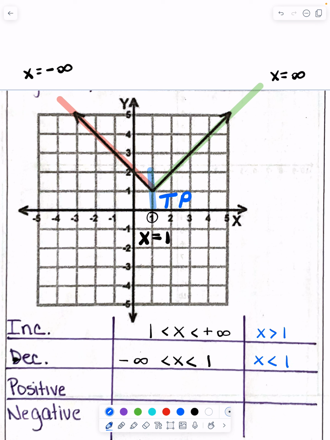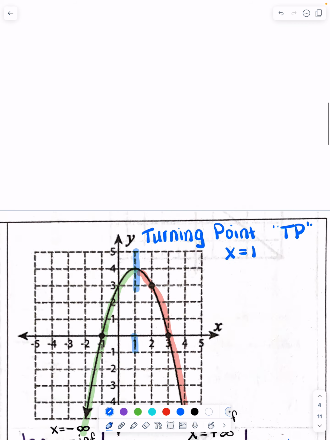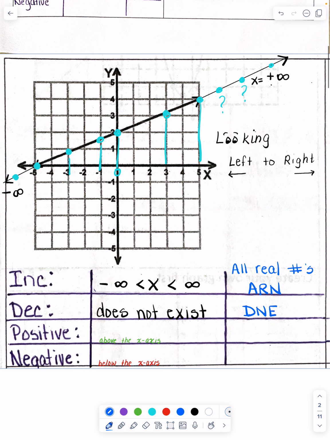All right, so now what we're going to do is go back through all three of those graphs again, and fill in the positive and negative values. So this would have been a separate question. Let's go back up here and talk about when it is positive and when it is negative. A graph is positive when it is above the x-axis, and a graph is negative when it is below the x-axis. So when is this graph positive?